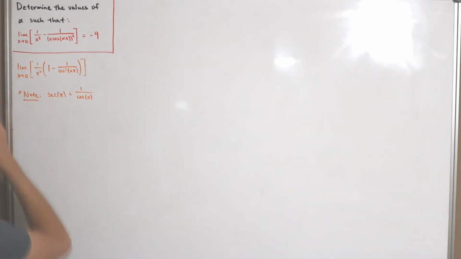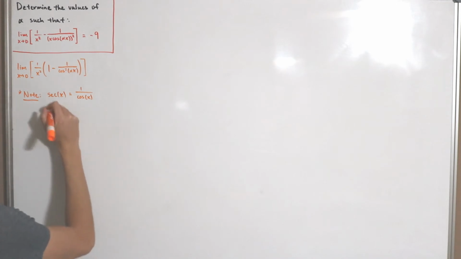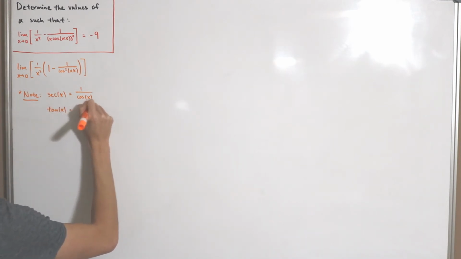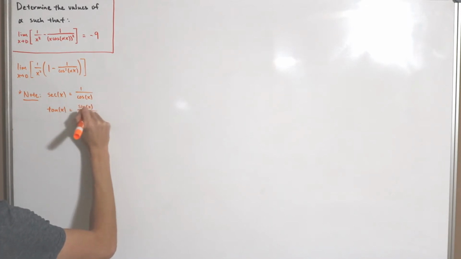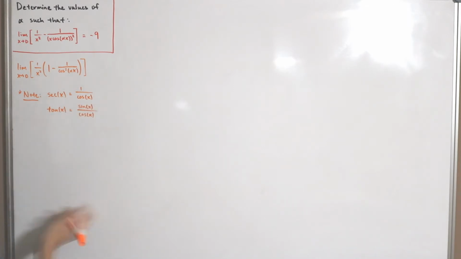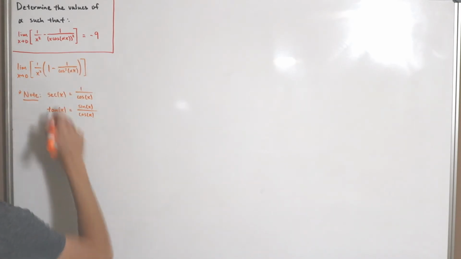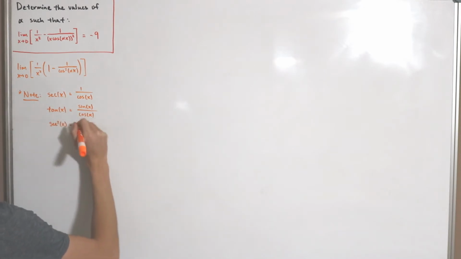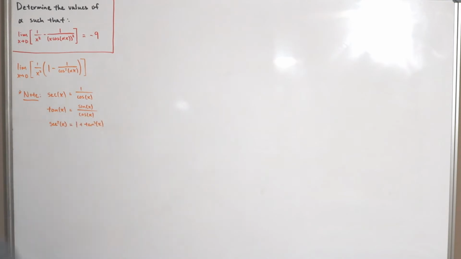But another trig identity I want to use next is that tangent x is equal to sine of x divided by cosine of x. And then one more that's a pretty good one to use here is the identity that secant squared x is equal to 1 plus tangent squared x. Okay, so we've got our following 3 identities we're going to use.